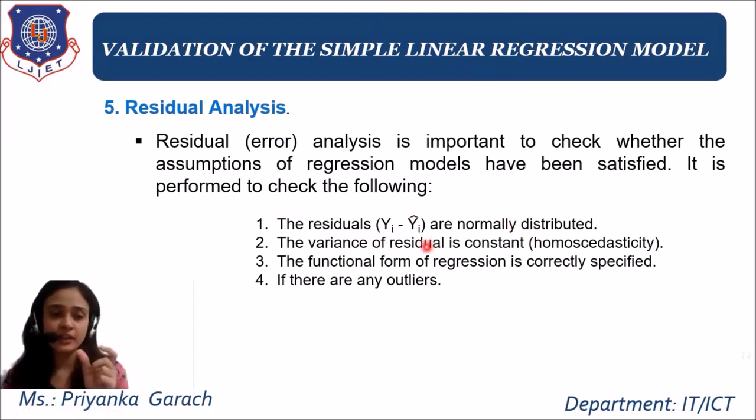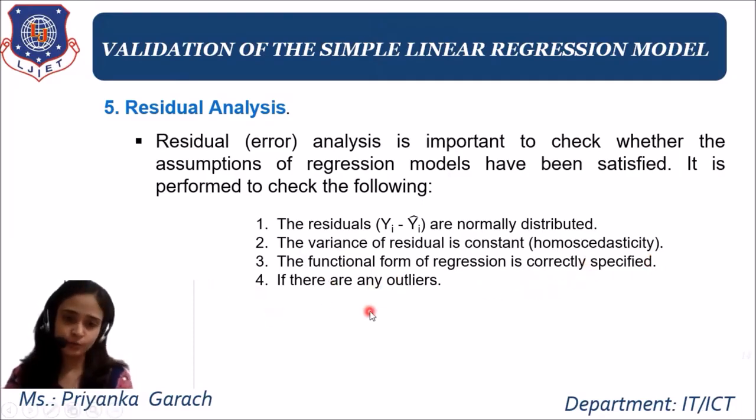The variance of the errors, that is the variance of the residual, is constant, which is also called homoscedasticity. The functional form of the regression is correctly specified, and there are no outliers present. These are the different properties of the residual analysis.